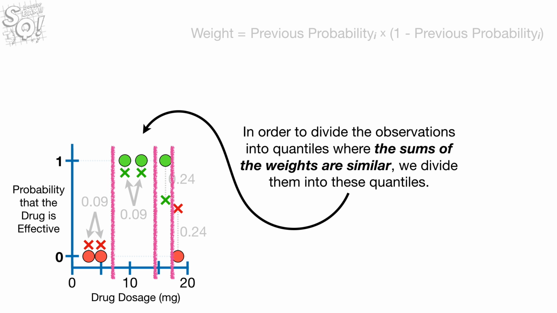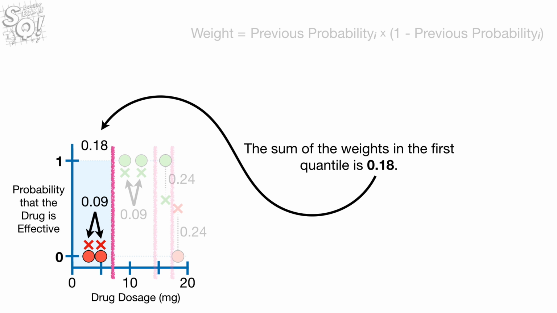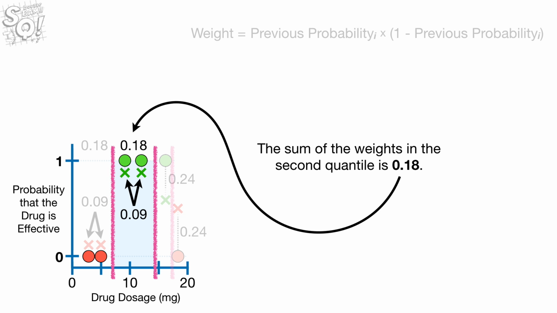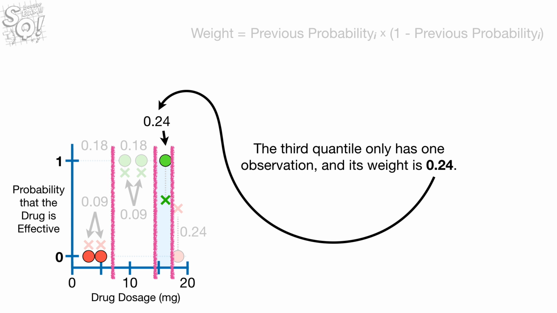In order to divide the observations into quantiles where the sum of the weights are similar, we divide them into these quantiles. The sum of the weights in the first quantile is 0.18. The sum of the weights in the second quantile is 0.18. The third quantile only has one observation, and its weight is 0.24.